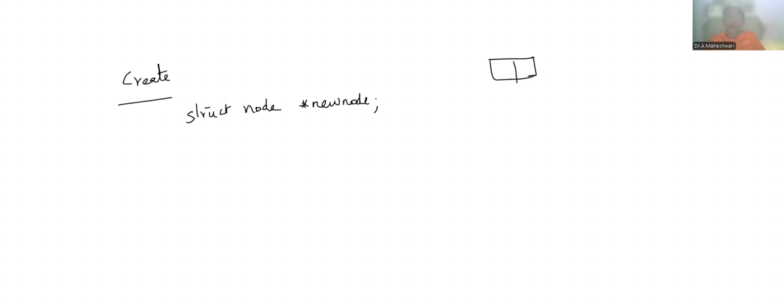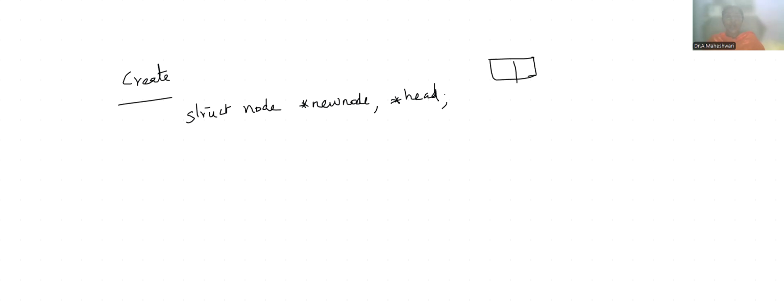Okay. So one more thing I also have to do. The first node is always pointed to by the head pointer, right? So I'll use the same structure for my head pointer also.